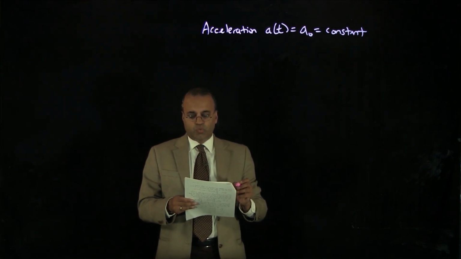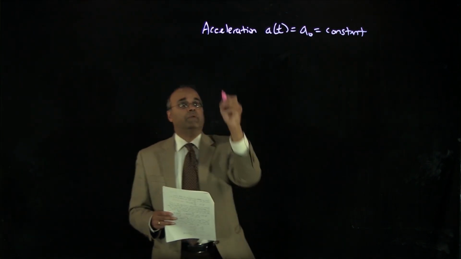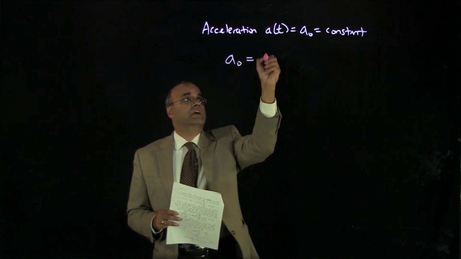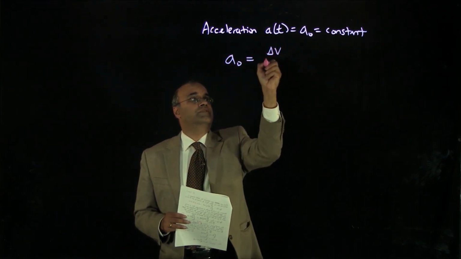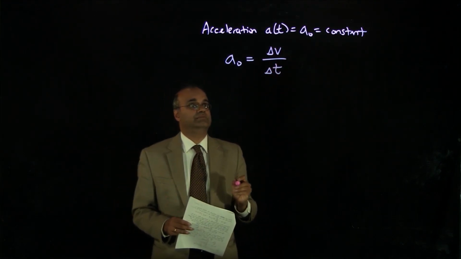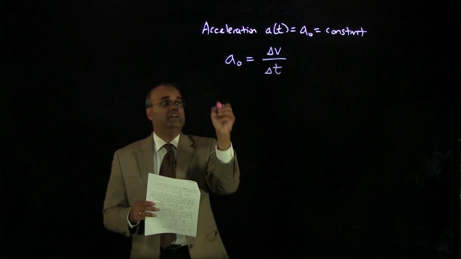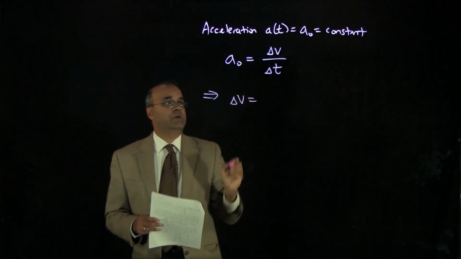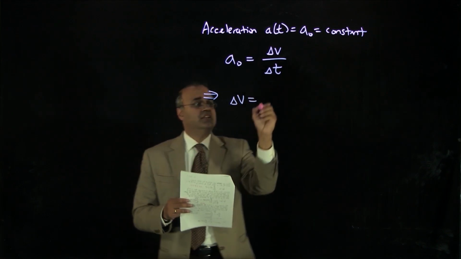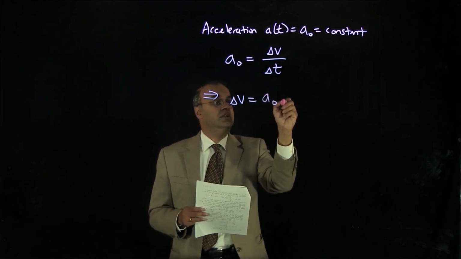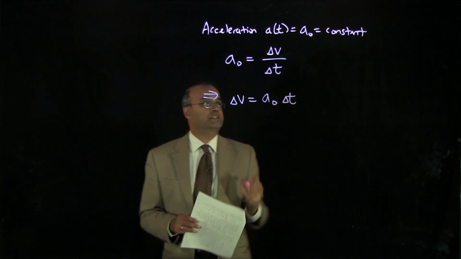In that case, we know that this constant acceleration can be written as the change in velocity, delta v, over some time interval, delta t. And therefore the change in velocity, delta v, can just be written as a naught, the constant acceleration, times the elapsed time, delta t.